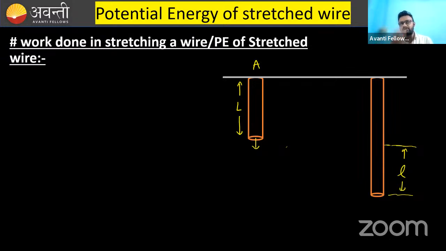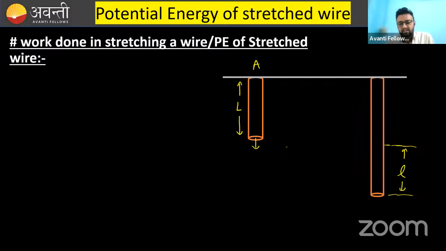So what will happen if you stretch the wire? You are working against the elastic forces, and that is a conservative force. The work you have done will be stored in the form of potential energy, given that you are stretching it slowly. Clear? So in this situation, you need to calculate the work done.